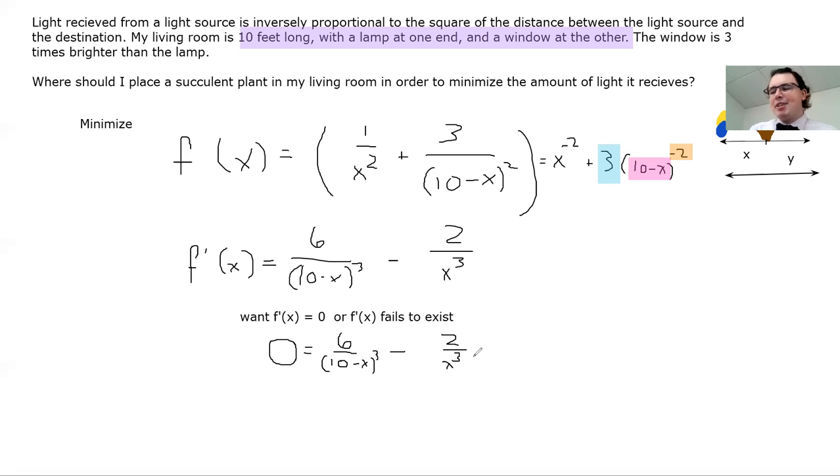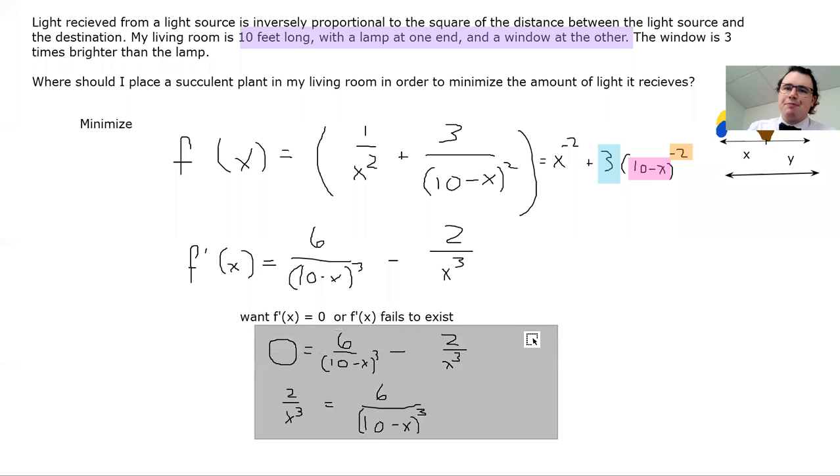Since I have the difference of two fractions equal to 0, this will be easier if I just have one fraction equal to another. So 2 divided by x cubed must be equal to 6 divided by the quantity 10 minus x, all cubed. Okay. Now, I'd have an easier time with polynomials than I would with fractions.